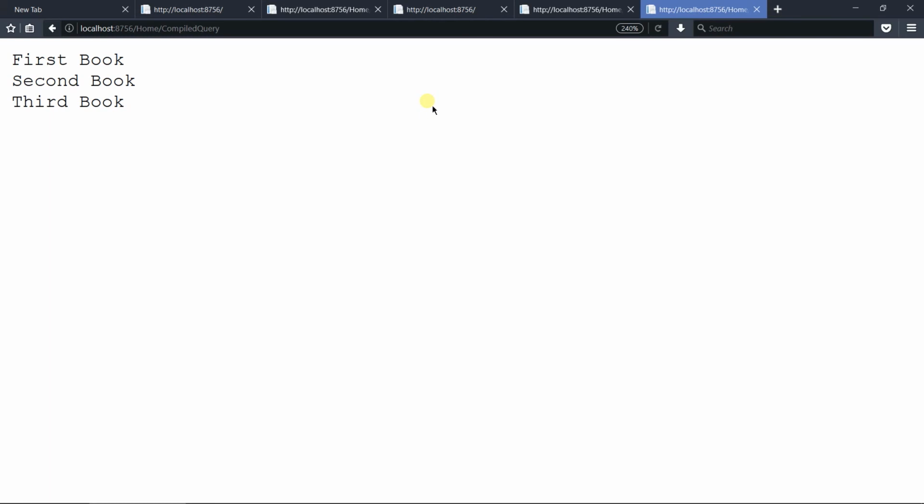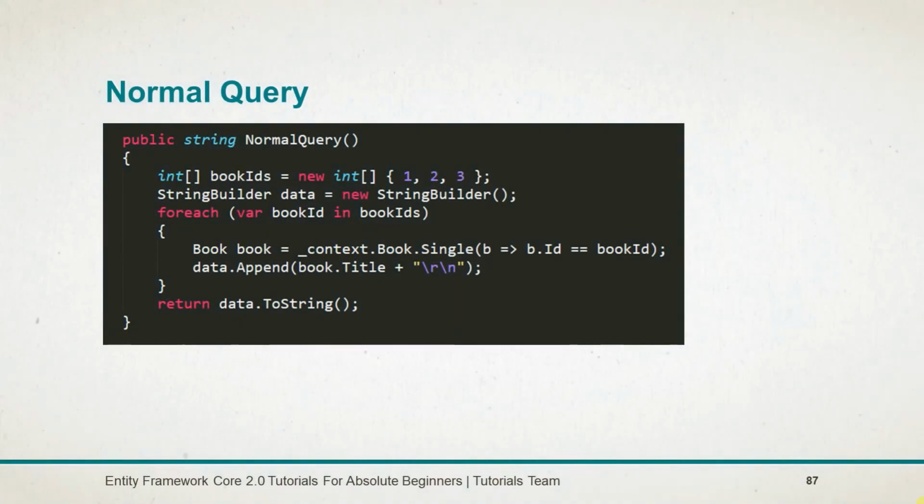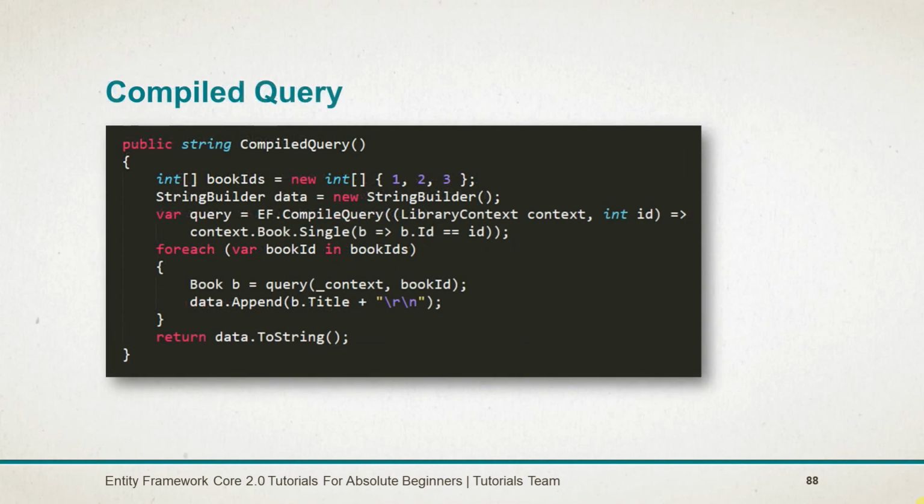Let's see what we learned throughout this session. Here is a normal query in which we are creating the integer array and looping through each item, and by using the single method we are retrieving the specific book and appending its title. Here is the compiled query.